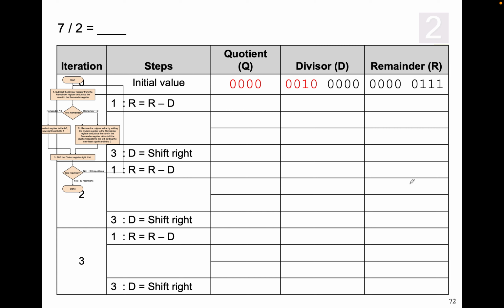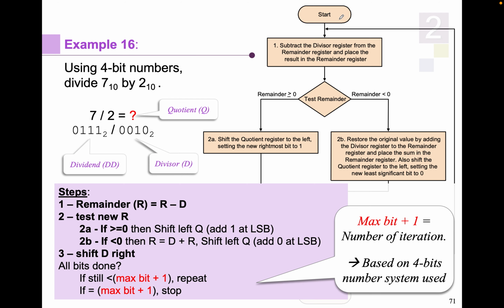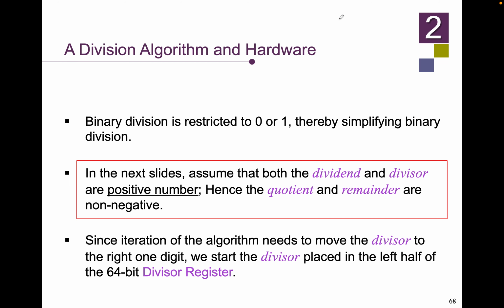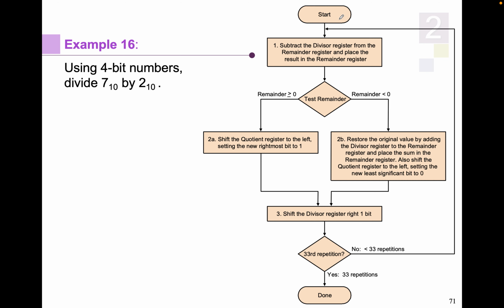You have the equation of 7 divided by 2. Why didn't it show the divider?